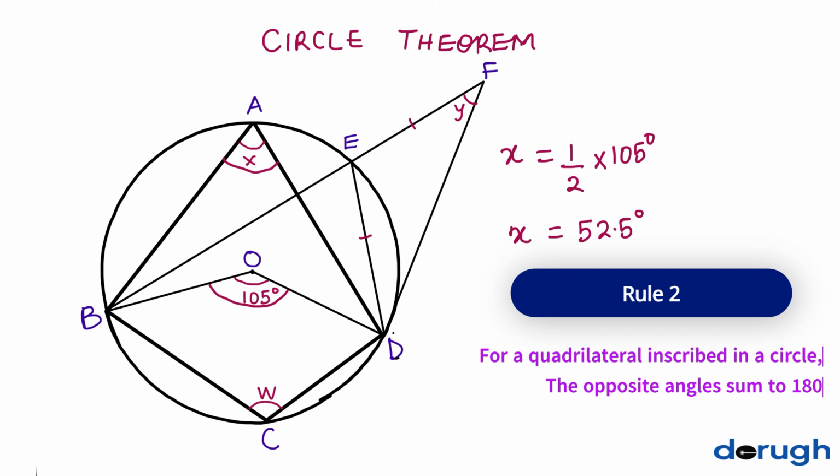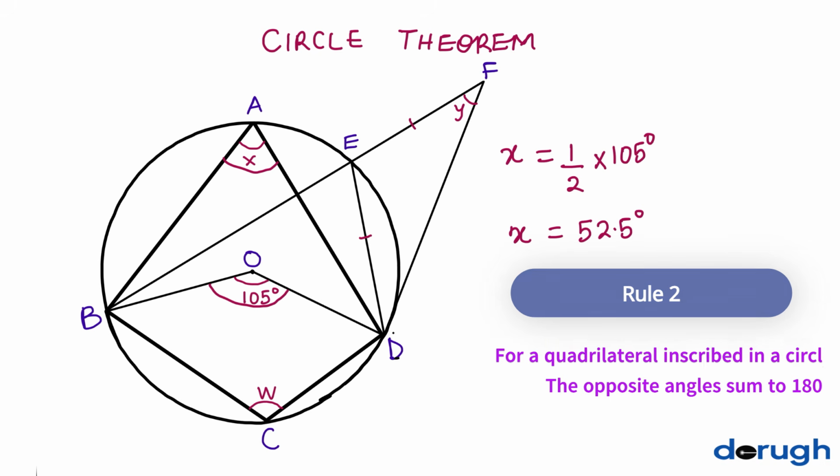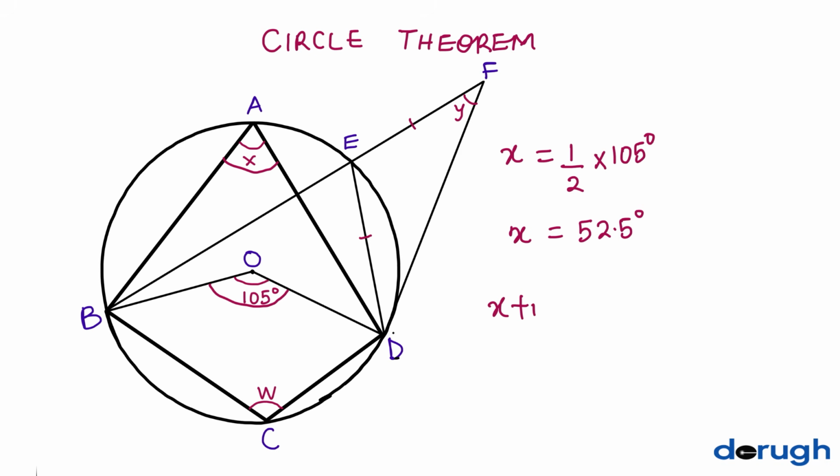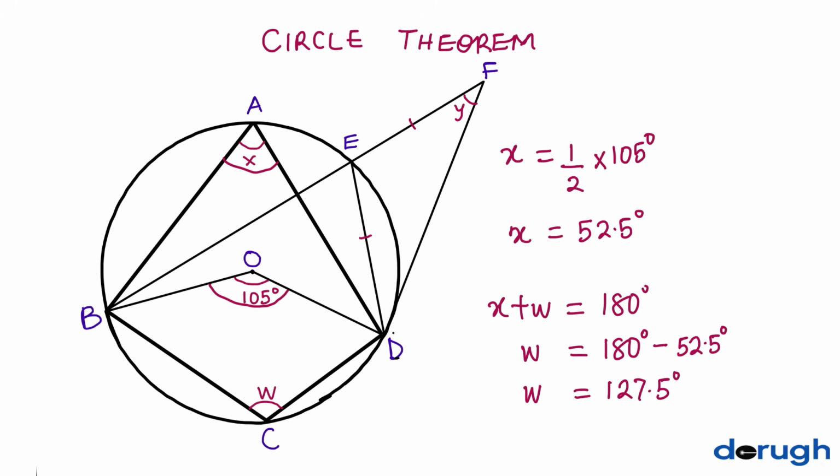What does this mean? X and w are opposite each other. Therefore, x plus w equals 180 degrees. Since we already have our x, we'll say w is 180 minus 52.5. That brings our w to 127.5 degrees.